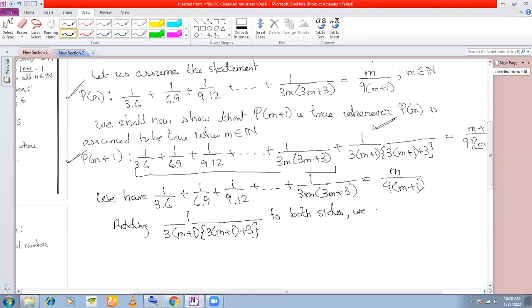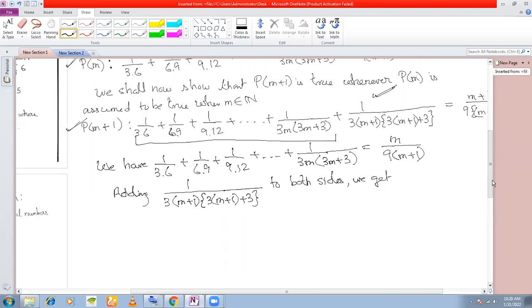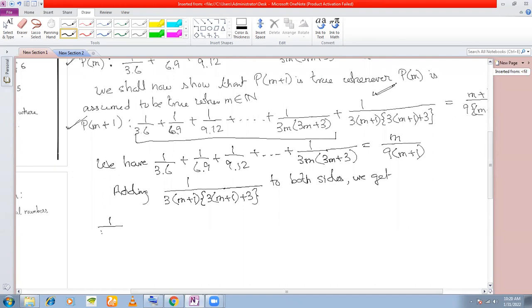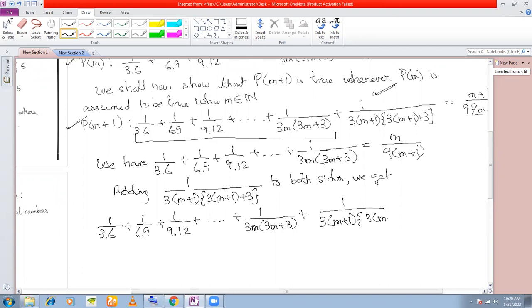We get 1 by 3 into 6 plus 1 by 6 into 9 plus 1 by 9 into 12 up till 1 by 3m into 3m plus 3 plus 1 by thrice m plus 1 into thrice m plus 1 plus 3.